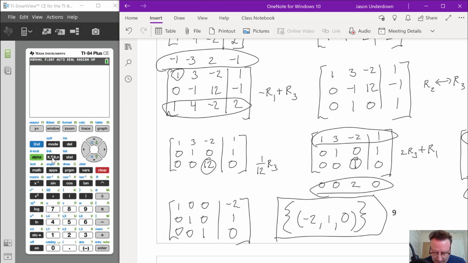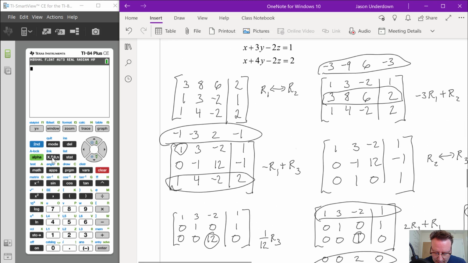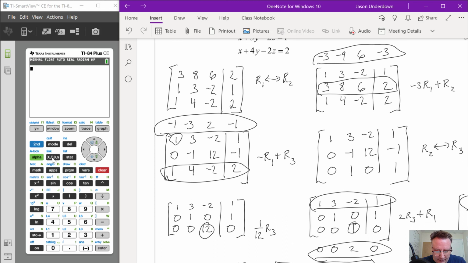Okay, so how do we check our answer? Well, there is a function on your calculator that will compute the reduced row echelon form of any matrix. So what we need to do is take the original augmented matrix of our system and store it in a matrix variable, and then compute the reduced row echelon form of that matrix.